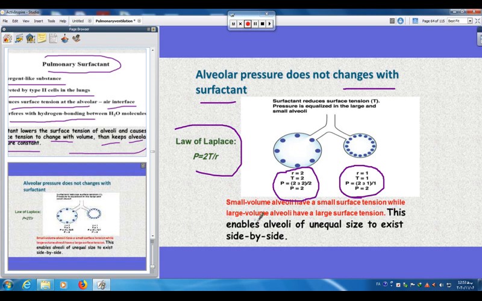Large volume alveoli have a large surface tension. The concentration of the surfactant in these two is not the same, and the pressure is the same. This allows neighboring alveoli of unequal size to exist side by side with constant pressure.